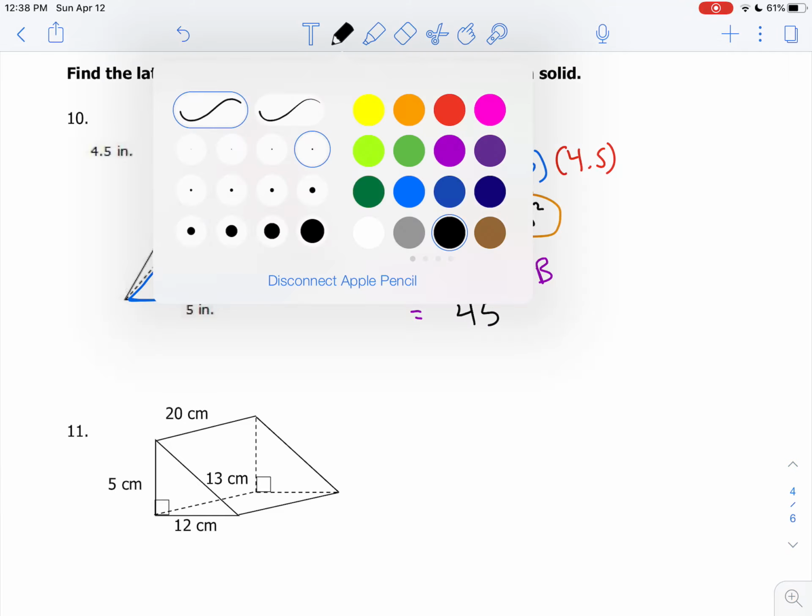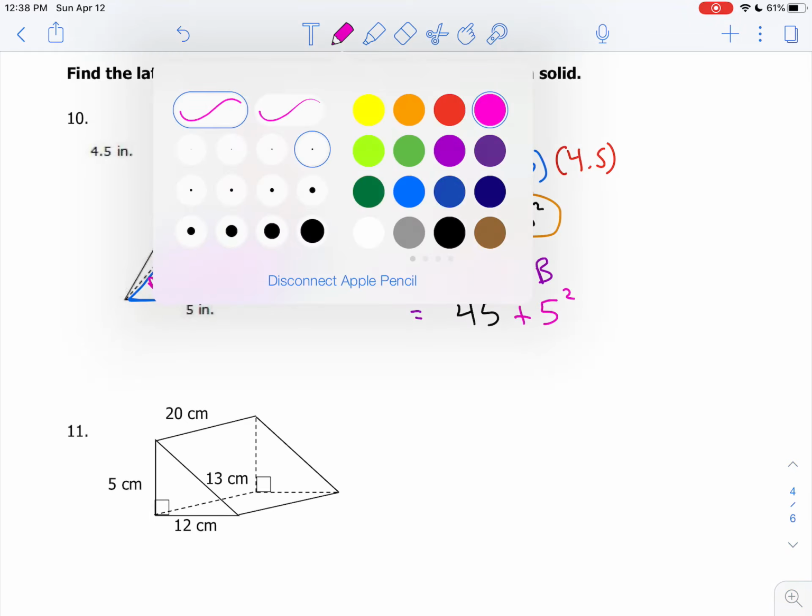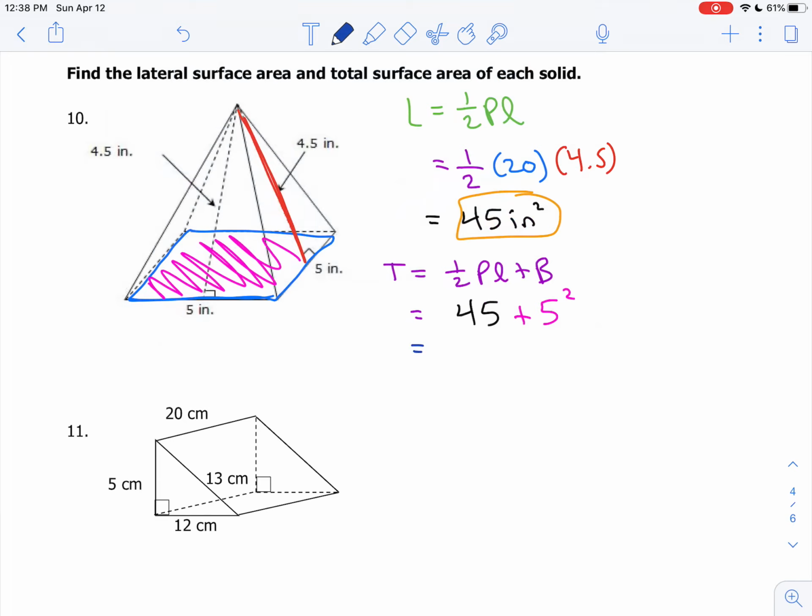Now, the B is the area of this base, which is a square, so it's S squared or 5 squared, which is 25. So 45 plus 25 is 70 square inches.